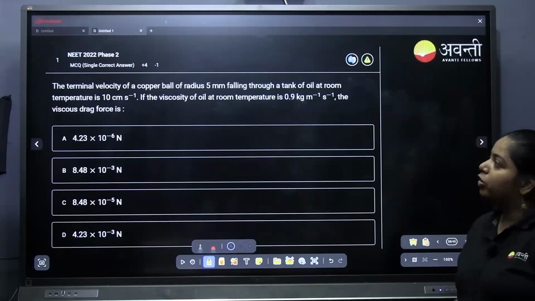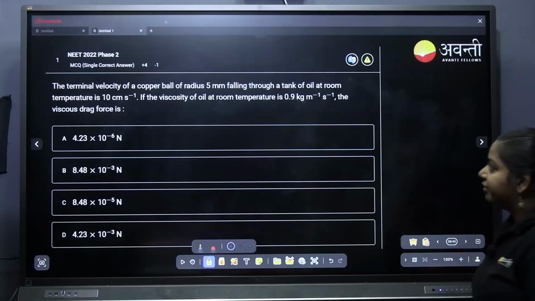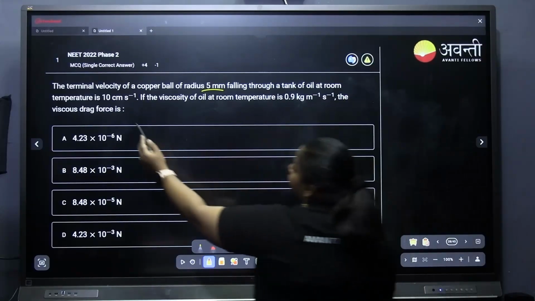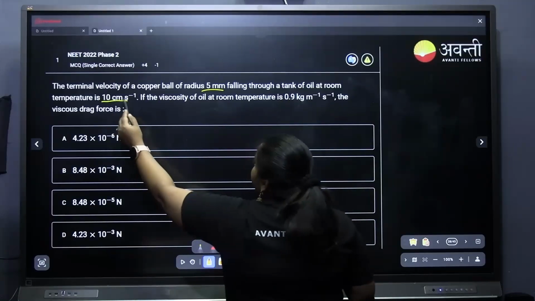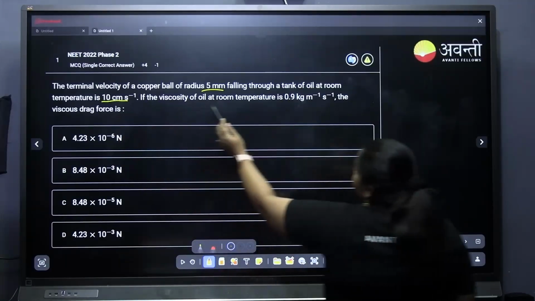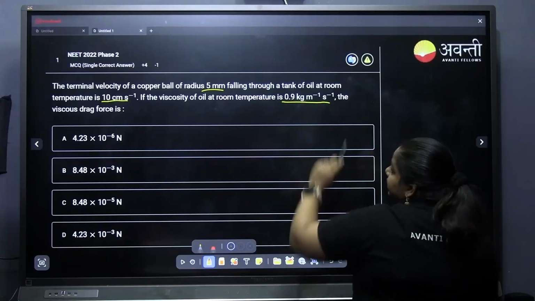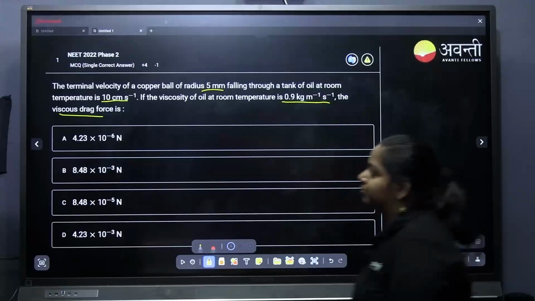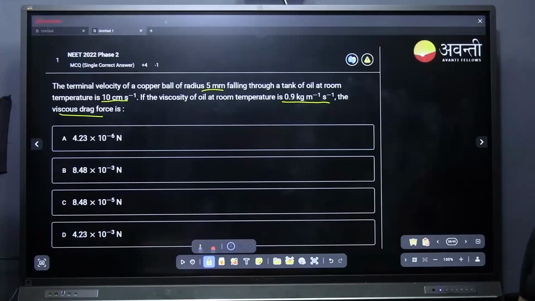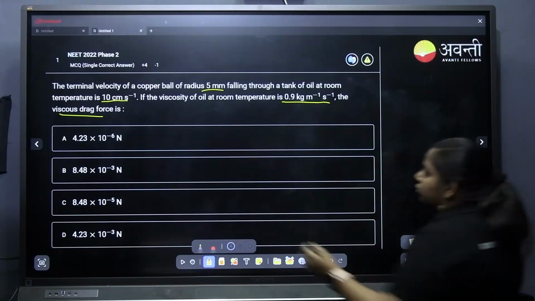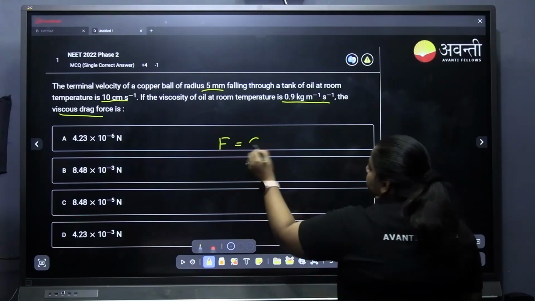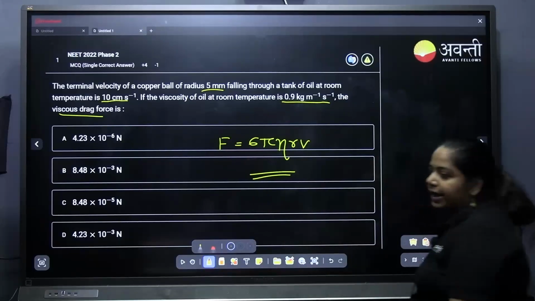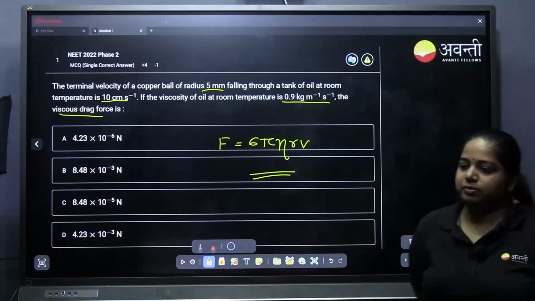Terminal velocity of a copper ball of radius 5 millimeter falling through a tank of oil at room temperature is given, the viscosity is given, and you have to find the viscous drag force. Again the formula is the same: force equal to 6 pi eta R V. Direct application, substitution.